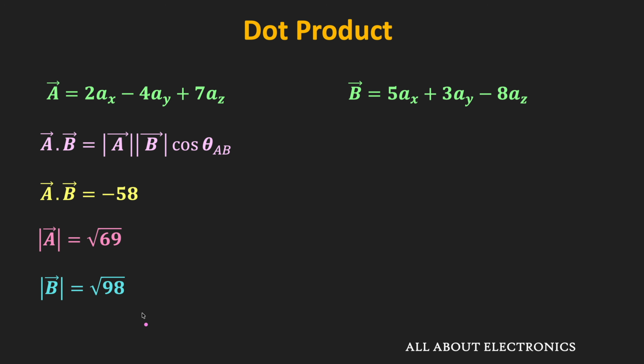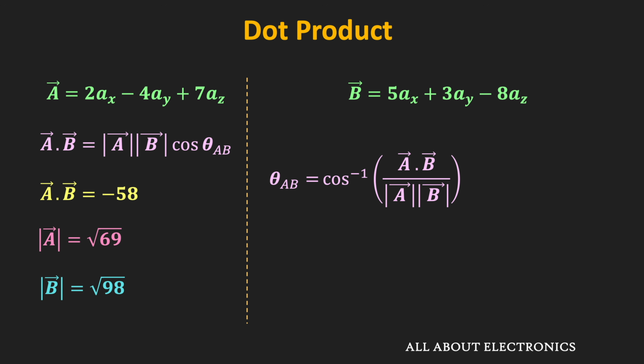Now let us put all these values in the above expression and simplify it for theta AB. We can say that theta AB is equal to cos inverse of A dot B divided by the magnitude of the vector A times the magnitude of the vector B. That is equal to cos inverse of minus 58 divided by square root of 69 times square root of 98.